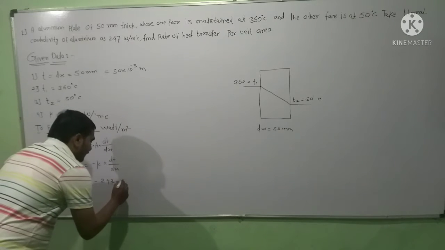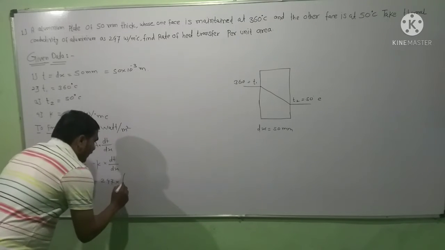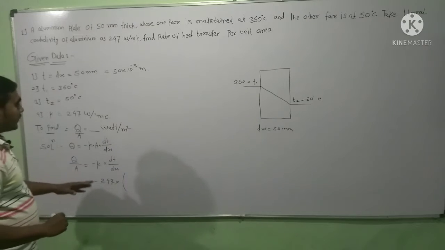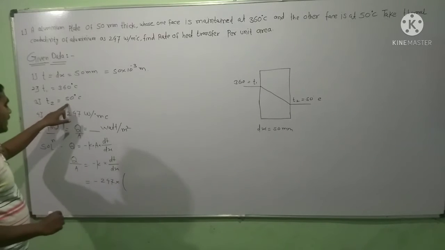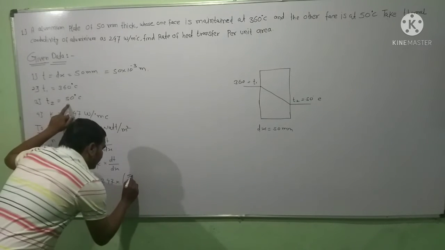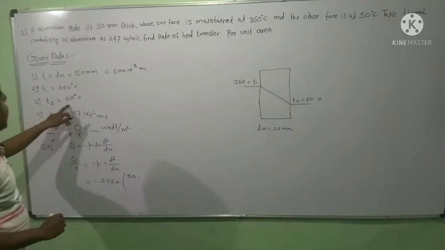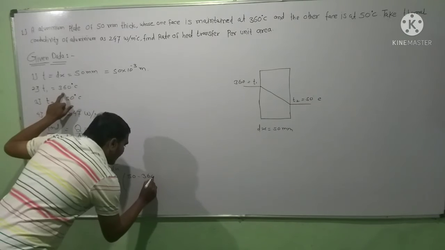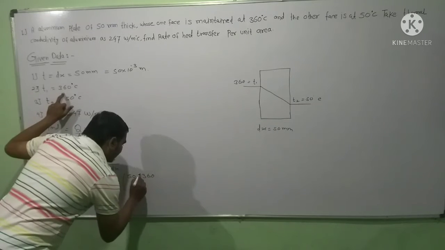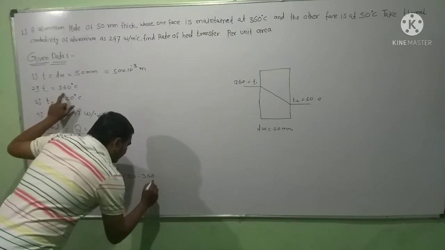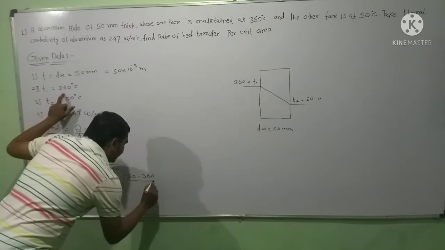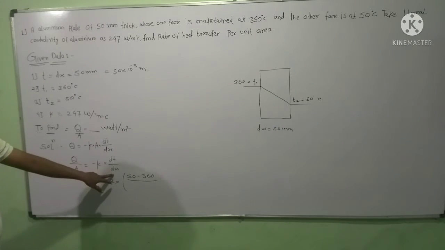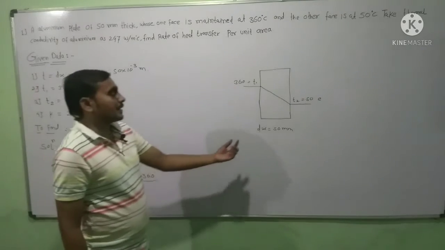The temperature difference is T2 minus T1. Your T2 value is 50 minus T1, which is 360 degrees Celsius, divided by dx, which is the thickness of the plate.